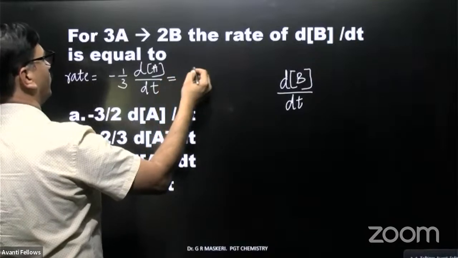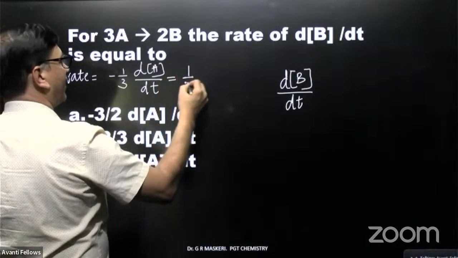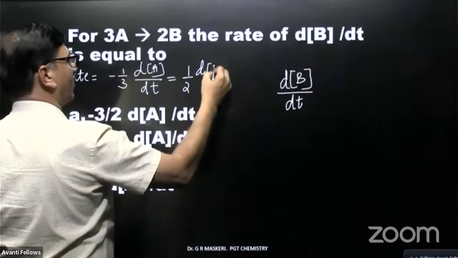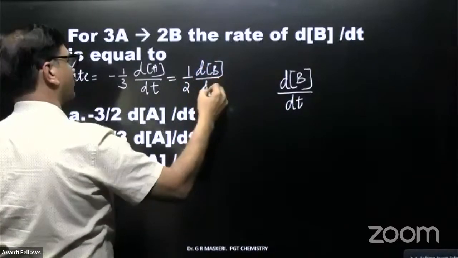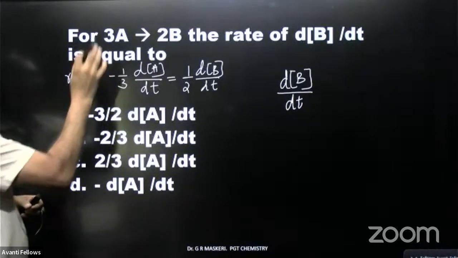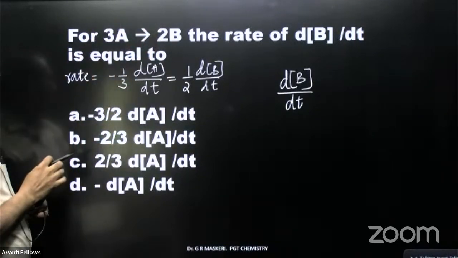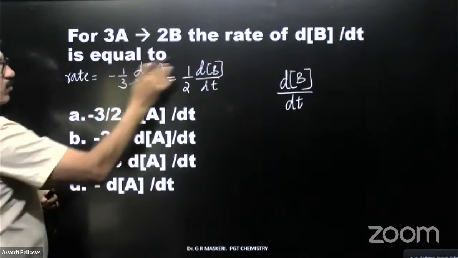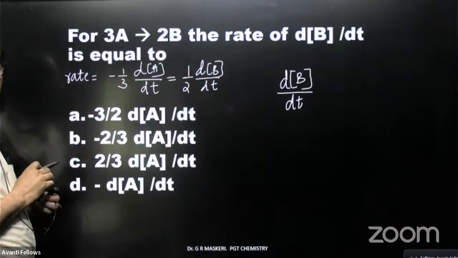This is equal to 1 by 2 dB by dt. This is the definition when stoichiometric coefficients are to be divided if an equation is given. This is what we have told in the morning. Now only this is asked.